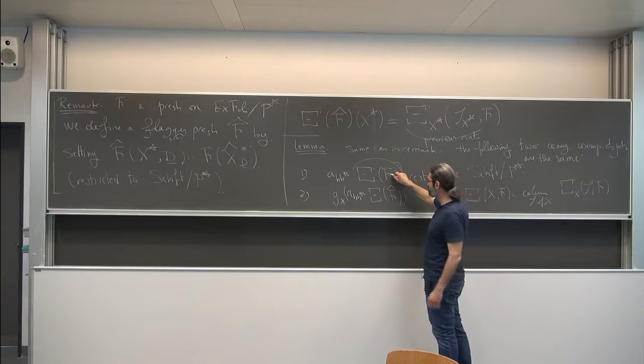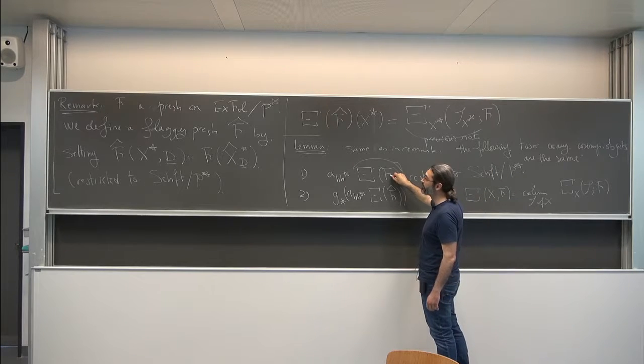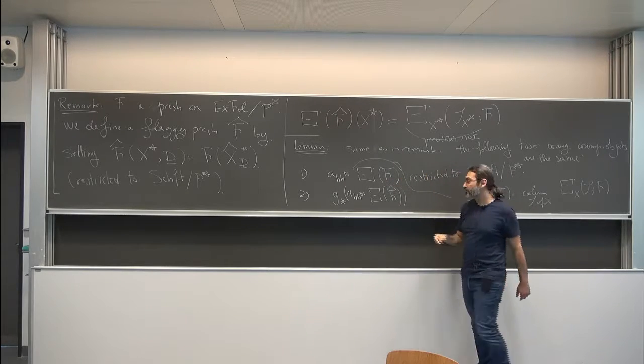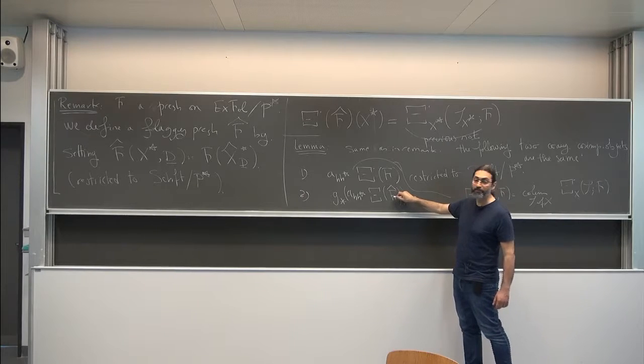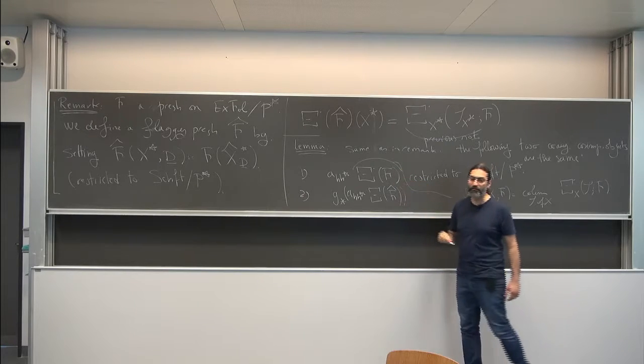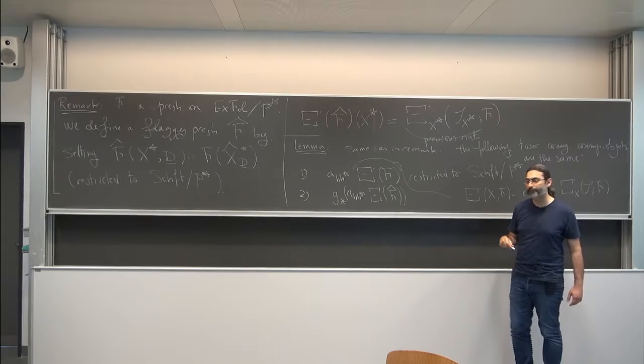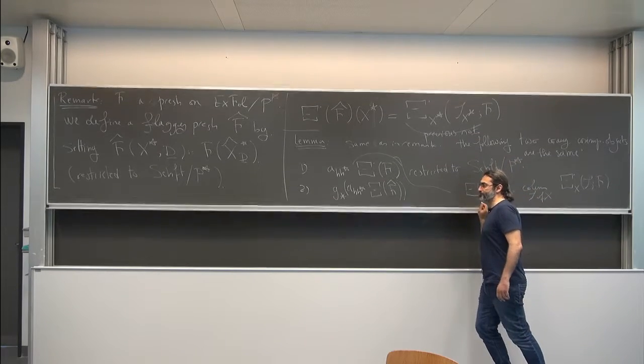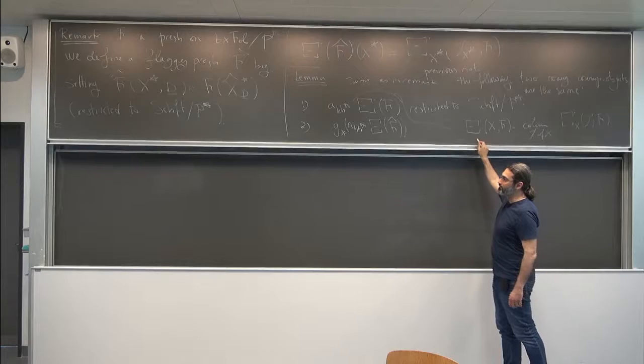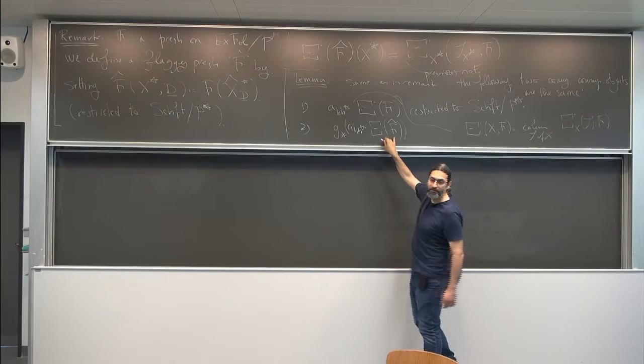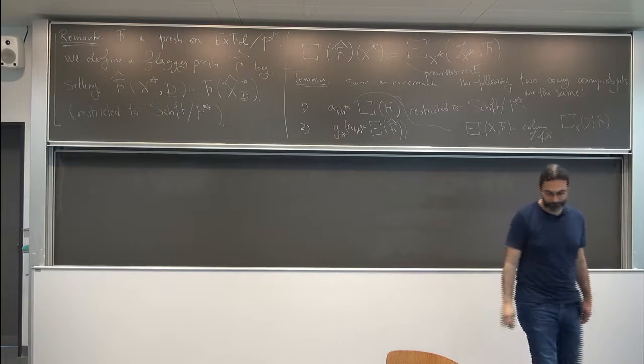So this works for a presheaf on excellent foliation. Here, f is a flaggy presheaf, so it's two different kinds of objects. And from now on we will only use this kind of situation.